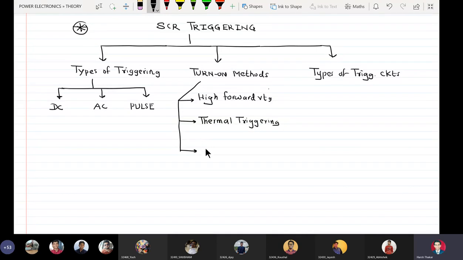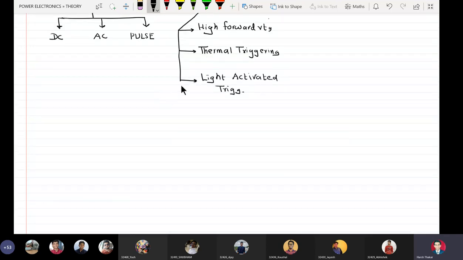Third is called light activated triggering. And fourth is called high dV by dt triggering.